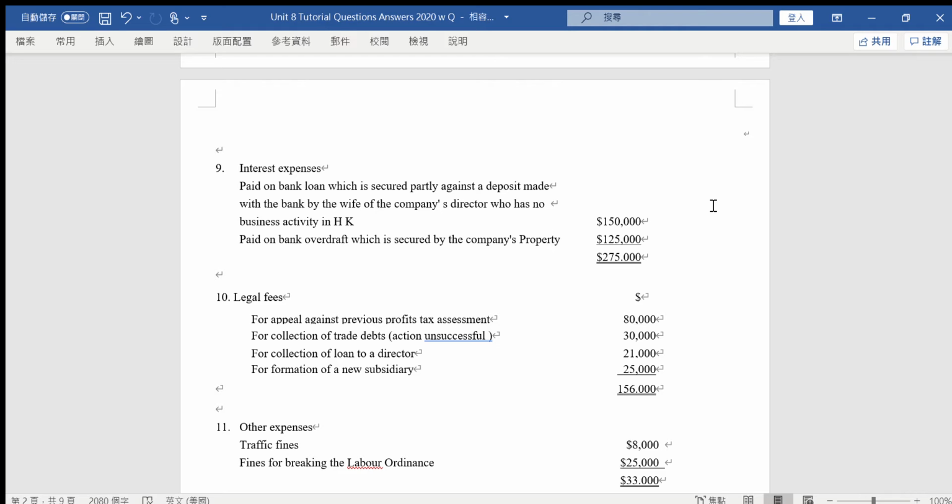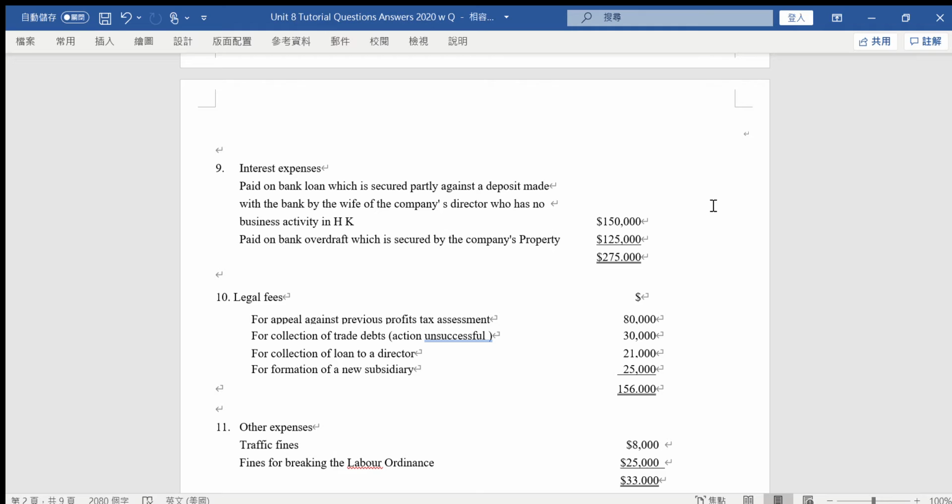And that's why most likely when she received the interest it should be tax free, and because of that, the amount, just 150,000, will not be allowed to deduct, and that is because this doesn't fulfill section 16A. That is being secured by a connected person by a deposit.